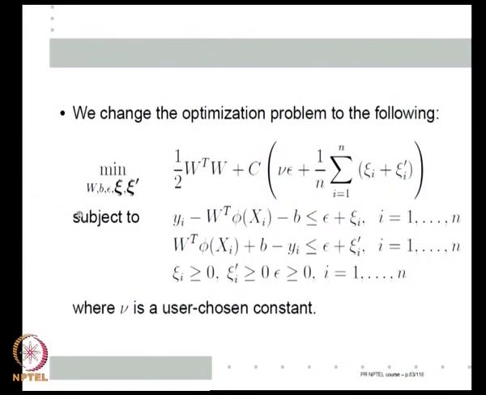So, I add epsilon as an extra parameter for optimizing, and I put nu epsilon inside here. Otherwise, the constraints remain the same, epsilon just became an optimization variable, and on the C side, in addition to your other parameters, I put nu epsilon, where nu is a user chosen constant.